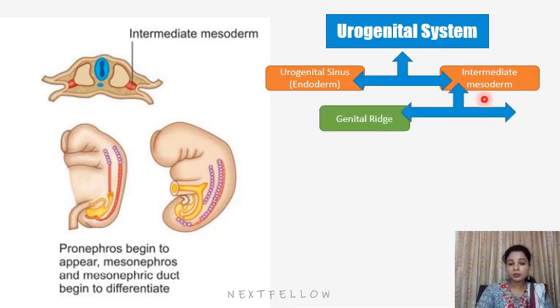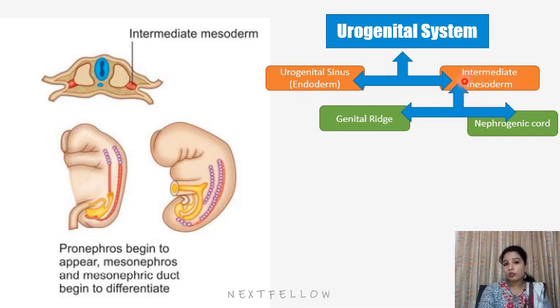The urogenital ridge of intermediate mesoderm is again divided into the genital ridge and the nephrogenic cord. The urogenital system is mainly from the intermediate mesoderm, and a little bit is from the urogenital sinus, that is from the ventral part of the cloaca, which is from a part of the hindgut, endoderm.